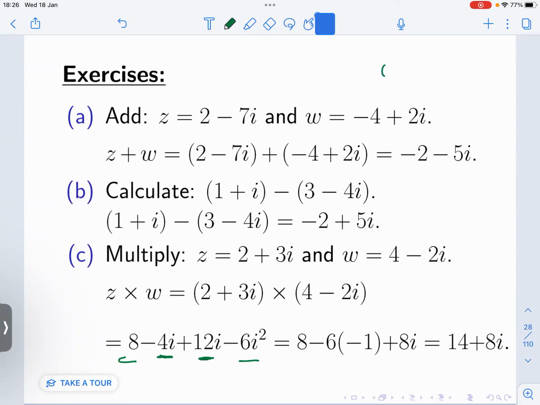And if you use the fact that i² is equal to -1 and substitute -1 there, then that term becomes real. By grouping the like terms together, we'll get 8 + 6, which gives us 14. And then -4i + 12i gives us 8i. The result then yields a complex number.